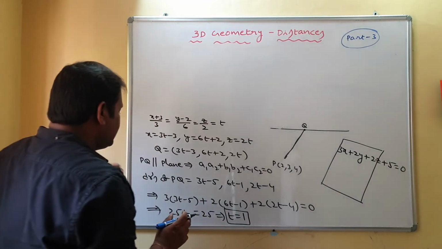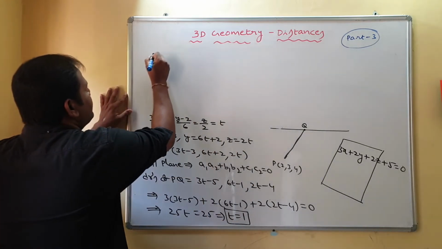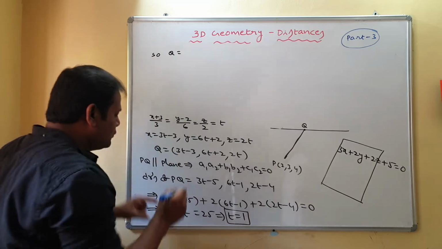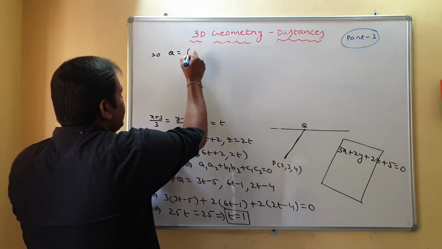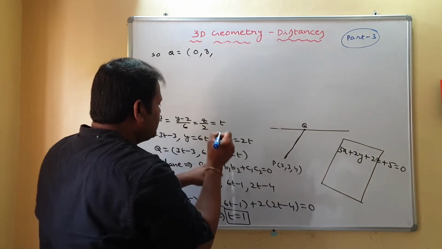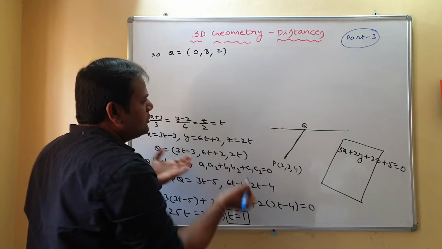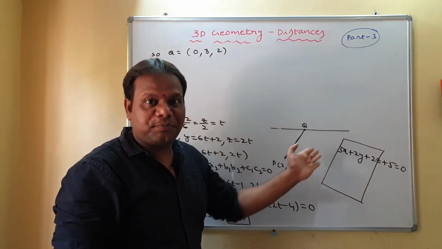Now we want the point Q. Since t is 1, you put t equal to 1 in the point Q. Then you get 0, 6 plus 2 which is 8, and 2. What we want is the distance from P to this line. That is PQ, right?